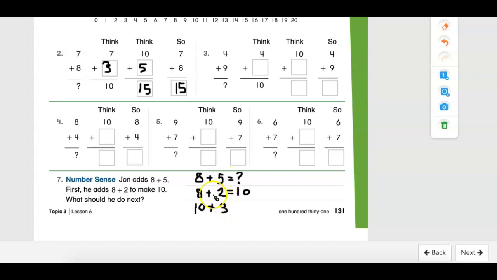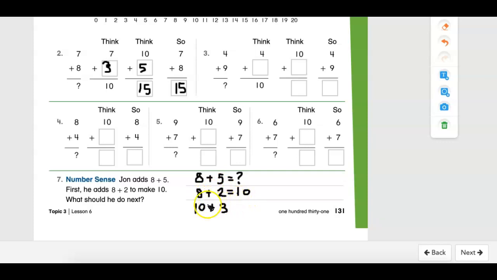So what we did, we wrote 8 plus 5 equals blank. Then we broke our number 5 into two numbers. We broke it into 2 and 3 because we know 2 plus 3 is equal to 5. So first we made 10. So we solved for 8 plus 2 equals 10.